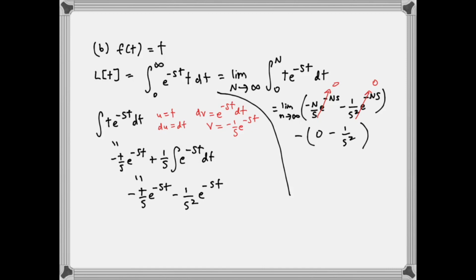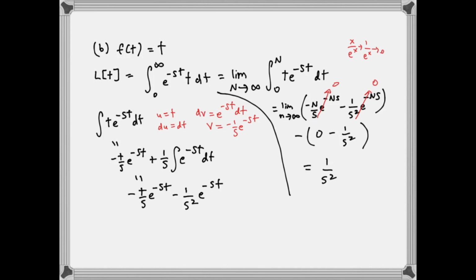This is because when you try to take a limit as x goes to infinity of x over e to the x, you get infinity over infinity, and the exponential always dominates after using L'Hopital's rule, right? So this will go to 0, okay? So these two go to 0, and in fact, we end up with our limit equaling 1 over s squared.